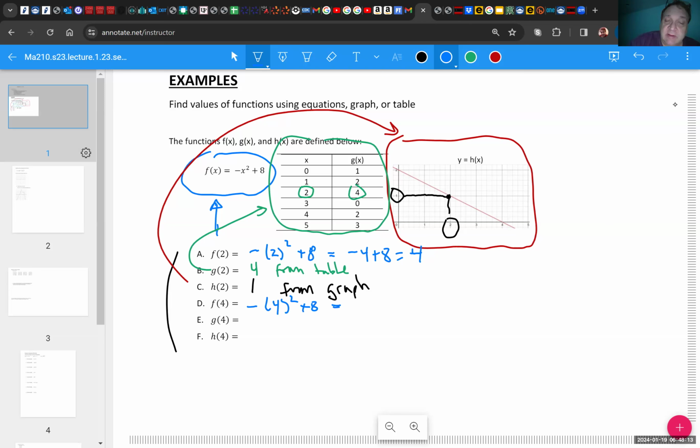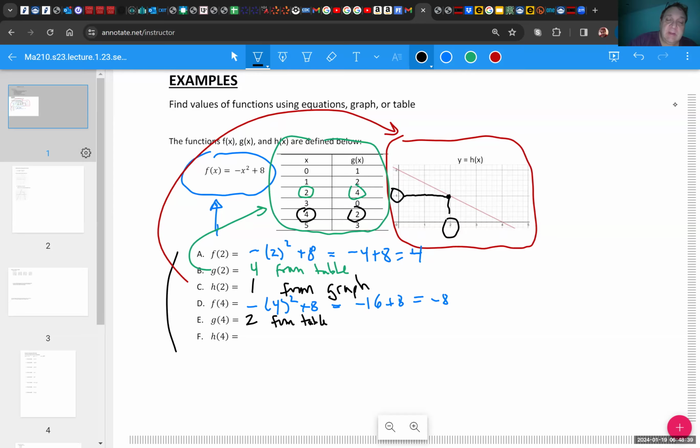So I do 4 squared, and then I negate that, and then I add 8, and negative 16 plus 8 is, in fact, negative 8. For g(4), I'm going to be looking for 4 in the g function, when x is equal to 4. And I can read off that g of 4 is equal to 2. That's just from the table.